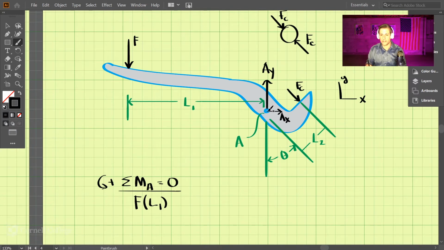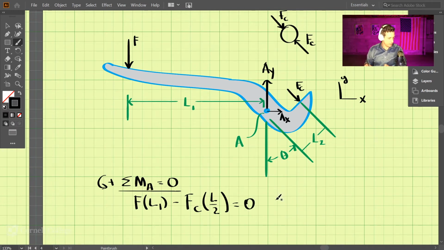FC is going to create a clockwise moment, which will be negative. So we have FC, and the perpendicular distance there is L2. And in terms of forces that create moments around A, we don't have any more. So with this, we can set those equal to 0.